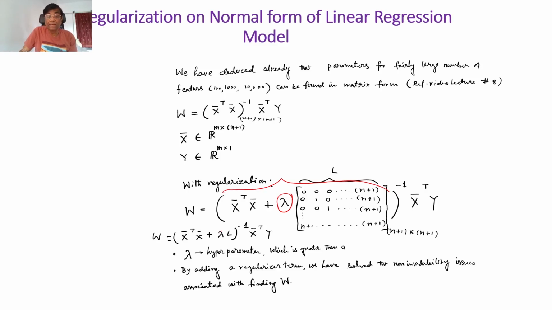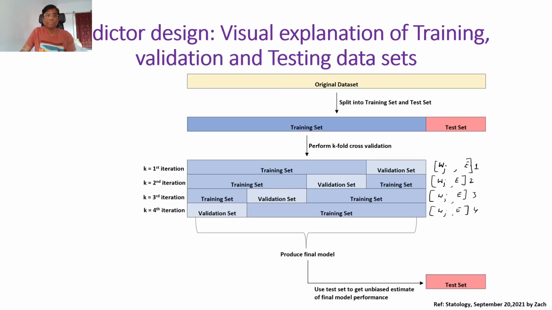But frankly speaking, regularization is mostly important when you are trying to solve using iterative method. So I will just conclude by discussing how actually predictors can be designed. Suppose you have now original data.